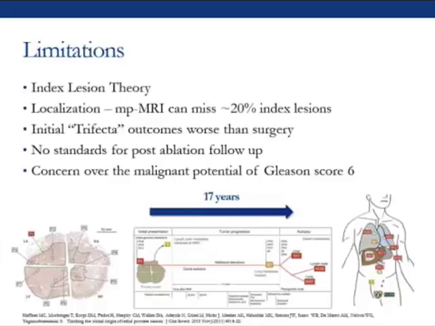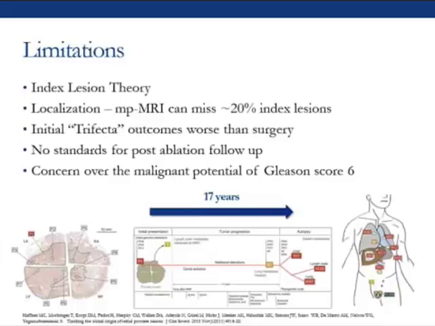I'm not a pro at this, but this was a paper that looked at a patient who was treated with radical prostatectomy and pelvic lymph node dissection. His pathology at time of surgery showed that he had one nodal met. He lived for 17 years. He received radiation therapy, chemotherapy, and androgen deprivation therapy, and he ultimately died of prostate cancer.